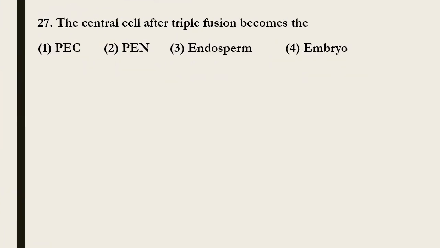Question number 27. The central cell after triple fusion becomes: options 1. PEC, 2. PEN, 3. Endosperm, 4. Embryo.